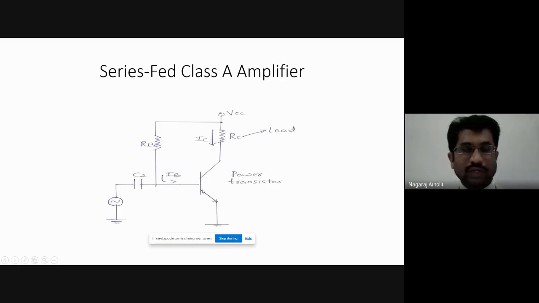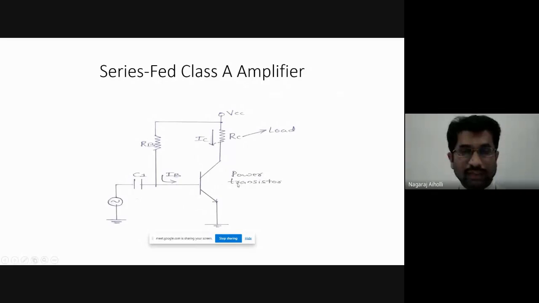In module 1, whatever you have studied, it is the same fixed bias circuit, but the input signal is smaller. In this module, the power amplifier module, whatever we are studying, the input signal is of larger magnitude, and this larger input signal magnitude is handled by the power transistor, or the transistor which we are using in the power amplifier circuits.